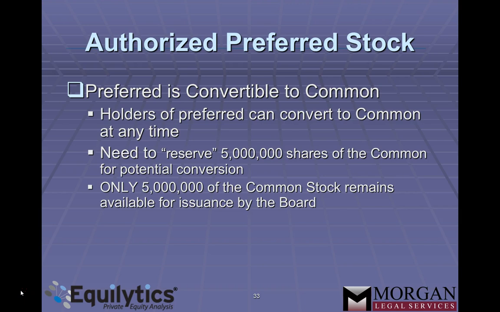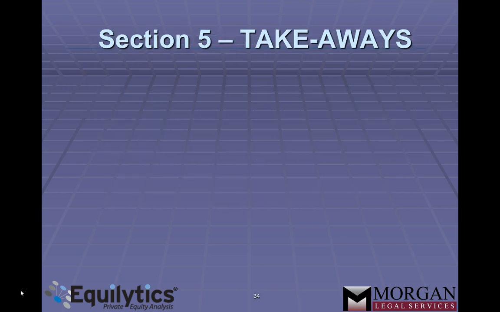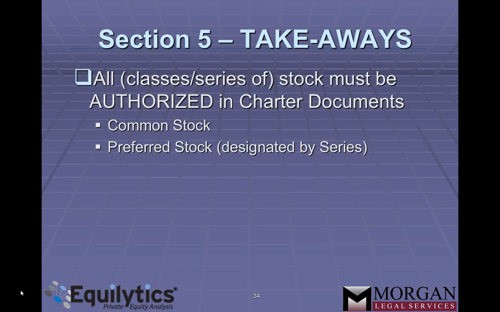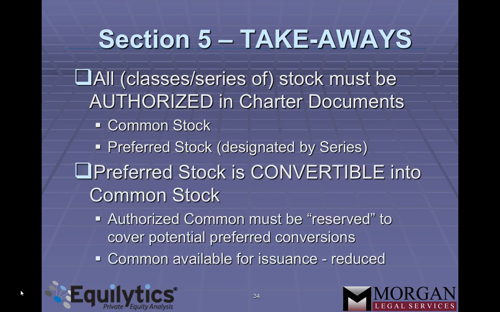Okay, so what have we learned in this section on authorized stock? All classes of stock and all series of stock must be authorized in the charter documents. Separate authorization for common stock, preferred stock, and further designated for each series. Preferred stock is convertible into common.